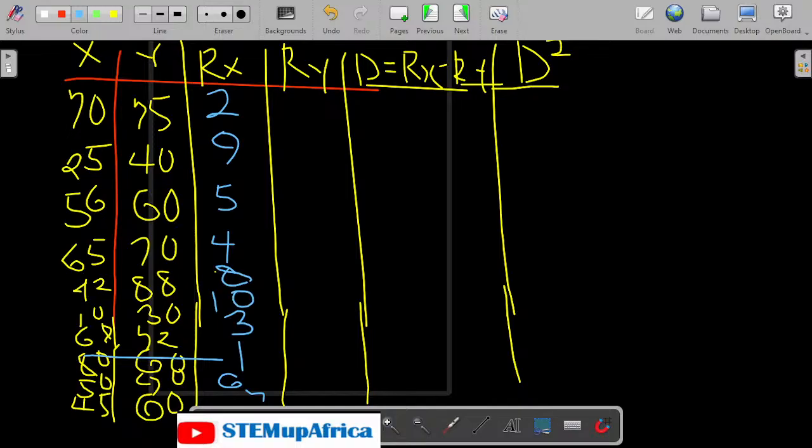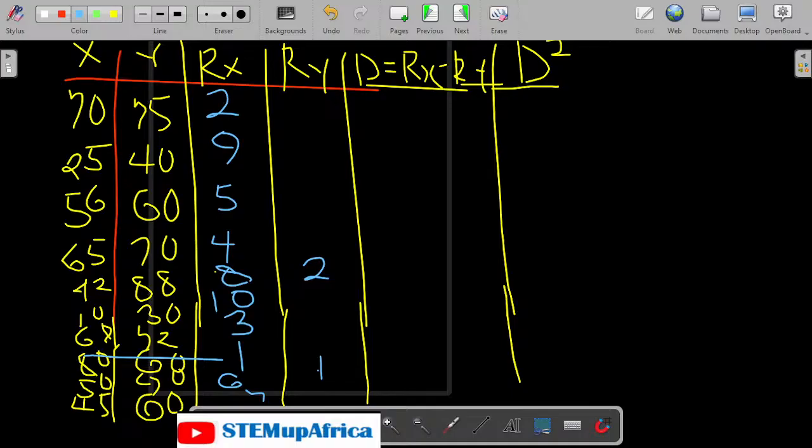Now that I'm done ranking X, I also rank Y by checking which is the highest number in Y. That should be 90. I will rank 90 as 1. After 90, what am I seeing? I have 88 there. I will rank it as 2. After 88, I'm having 75.